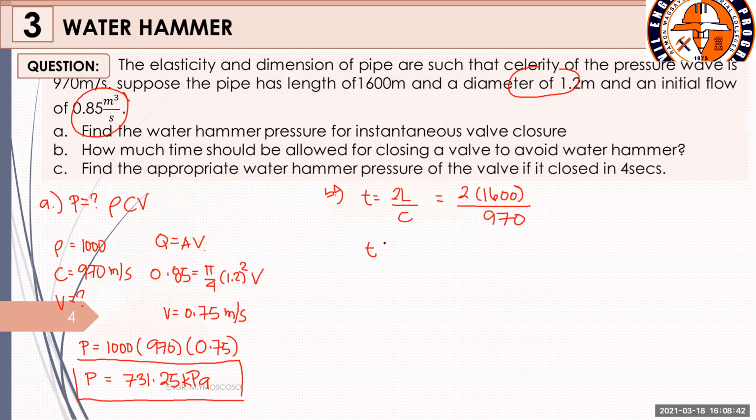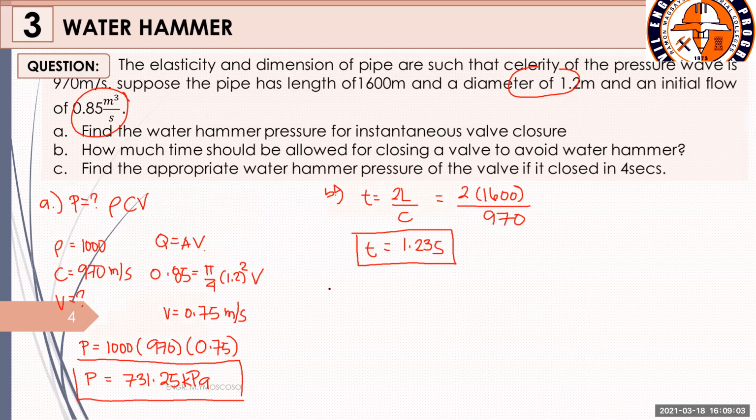Therefore, your time to avoid the water hammer that would be equal to 1.23 seconds. So this is your answer for letter B. Ibig sabihin, ina-avoid natin yung water hammer or yung shock wave na ito sa oras ng pagsarado natin ng valve natin.